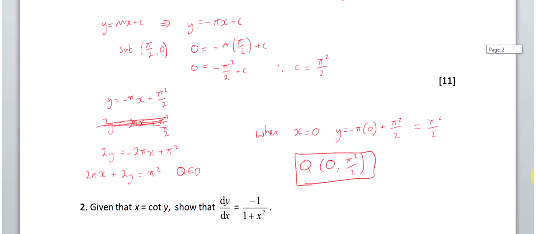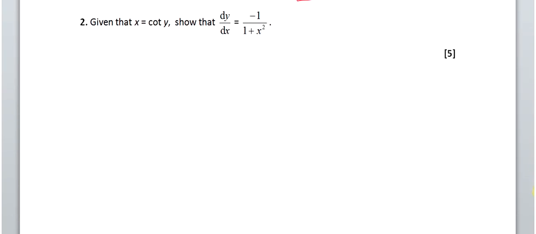Okay, last bit now. So, given that x equals cot y, show that dy by dx is equal to this expression here. So, off we go. So we know that x is equal to cot y, and that means that it's cos y over sine y.